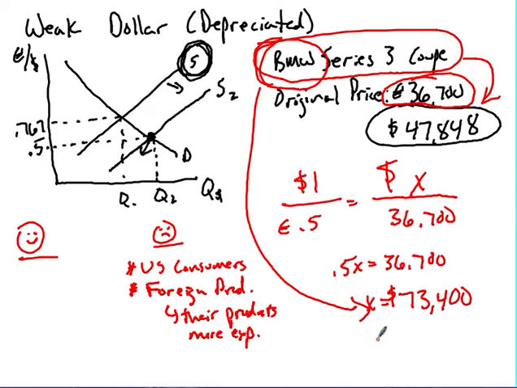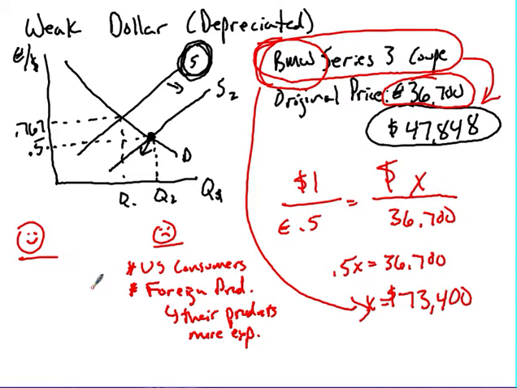Remember, when we were debating, if you're in the market to buy a BMW and it goes from 47,000 to 73,000, and all the foreign cars do that, we'll just pretend the dollar gets weak against all currencies. If this all happens, Cadillac is sitting pretty.